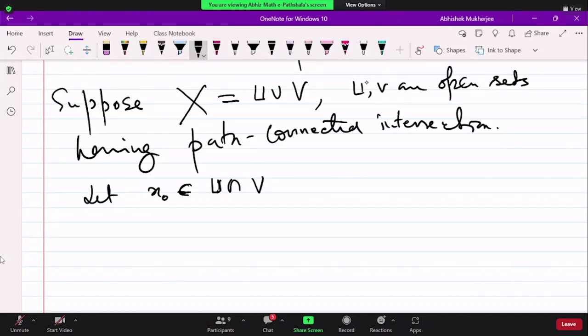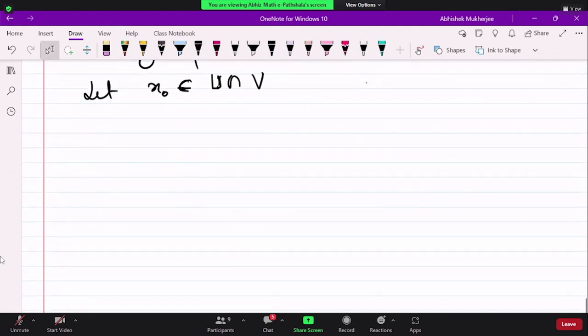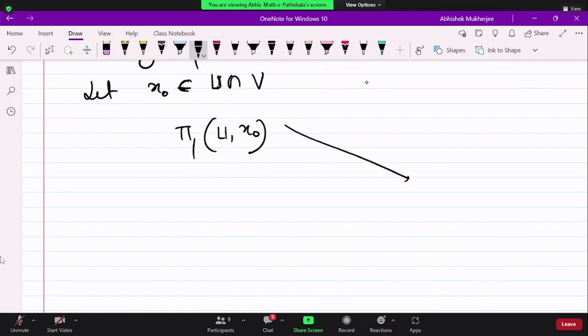Then from the fundamental group of U to the fundamental group of X, you can define the induced homomorphism, which is I star.